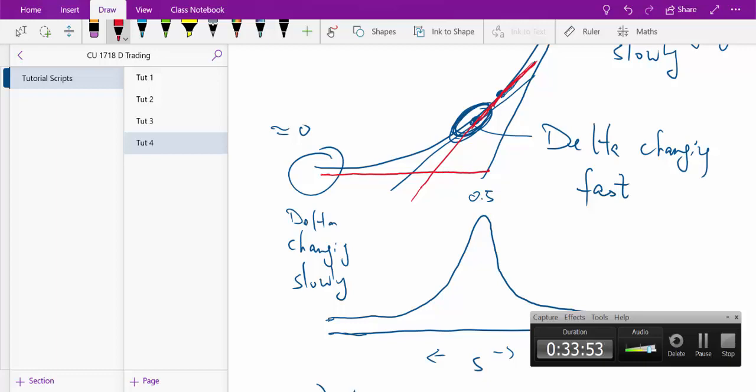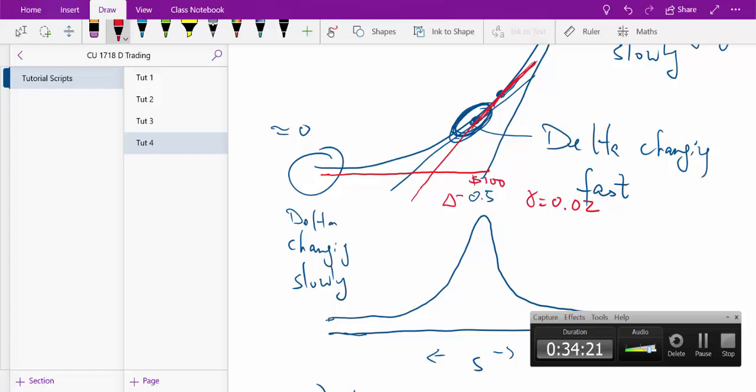So let's say the price right now is 100, and delta is 0.5, and the gamma is 0.02, let's say. Now, what does that mean? I'll tell you what that means.